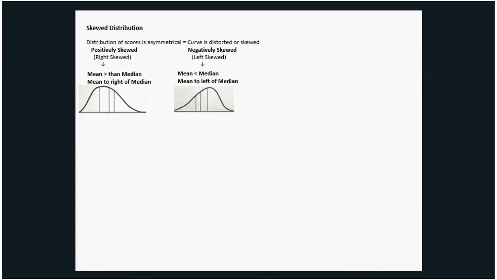Is it a positively skewed curve or a negatively skewed curve? When we talk about the distribution of scores, if they're asymmetrical, we don't have that bell-shaped curve, the curve is distorted, or what we call skewed. If it is a positive skew, the little ski slope, you ski out to the right. If it's a negative skew, you ski out to the left.